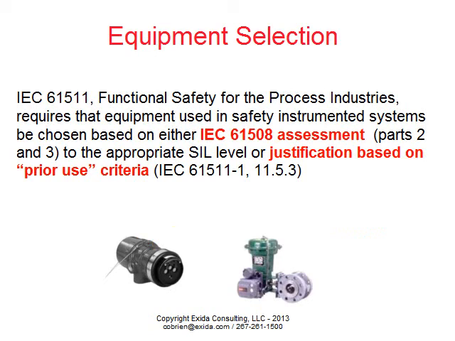And those standards, IEC 61511, which is the functional safety standard for the process industry, require that equipment used in safety instrumented systems are chosen based on IEC 61508 assessment or justified based on prior use requirements. And we'll go through what those requirements are in a couple slides.